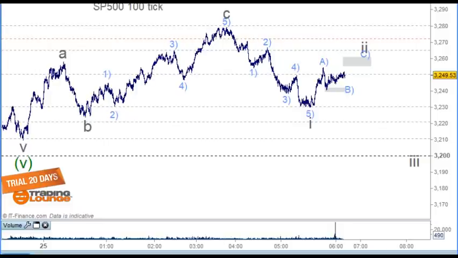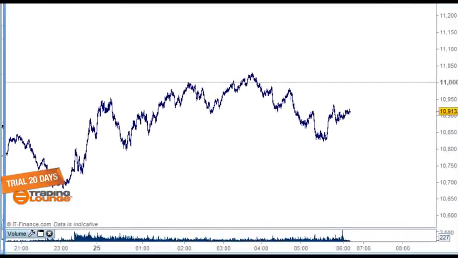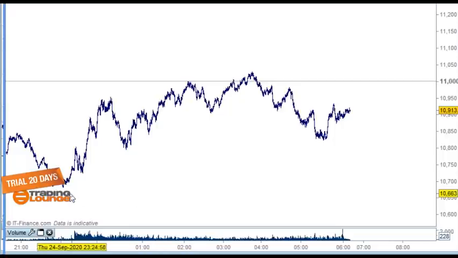So if I have a look at the NASDAQ from the low, this is also 100 ticks as well. It presents a slightly different case and a slightly better case, because I can see we've got 1, 2, 3, 4, 5 here.